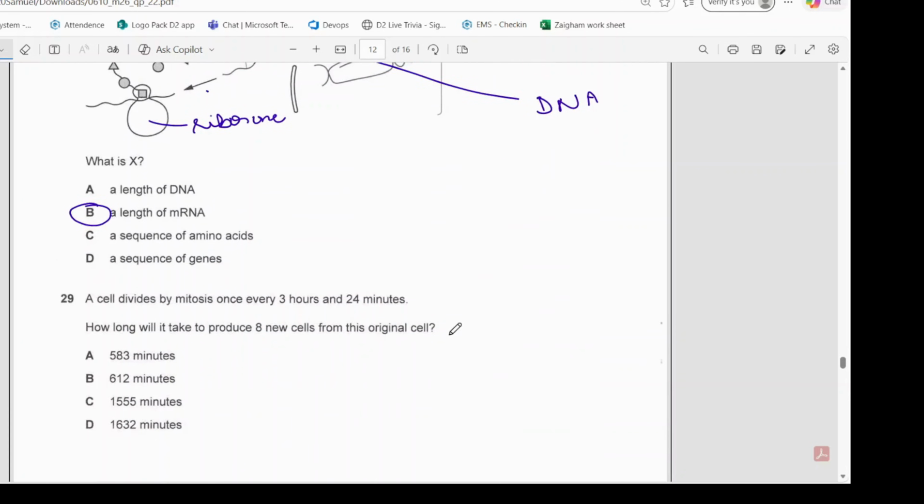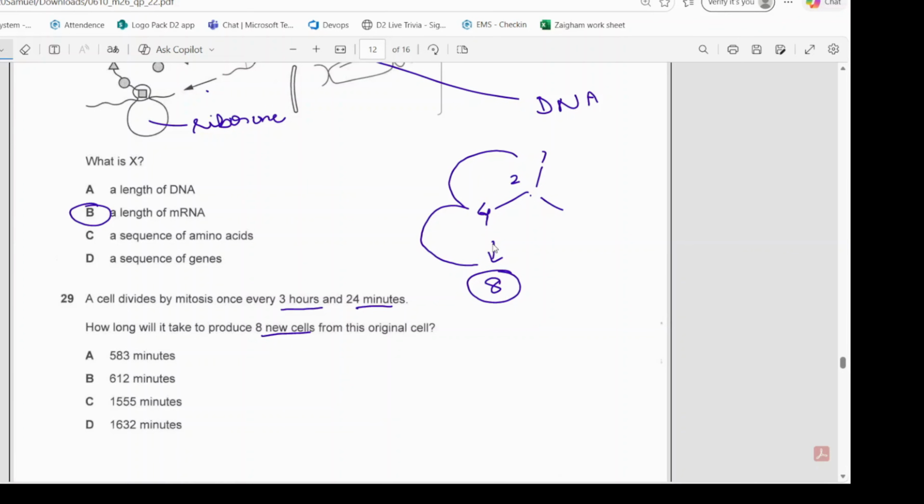A cell divides by mitosis once every 3 hours and 24 minutes. How long would it take to produce 8 new cells? 1 into 2, 2 into 4, and 4 into 8. So you have to multiply this time with 3. It's one cycle, second cycle, and third cycle.